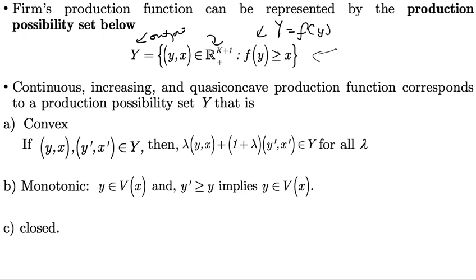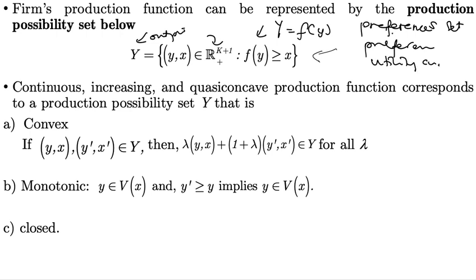Now, when we talk about production possibility set, if you can recall the utility function and utility set, they're preference sets. So we have a preference set, and then we have preference, which can be depicted in the form of a utility curve.